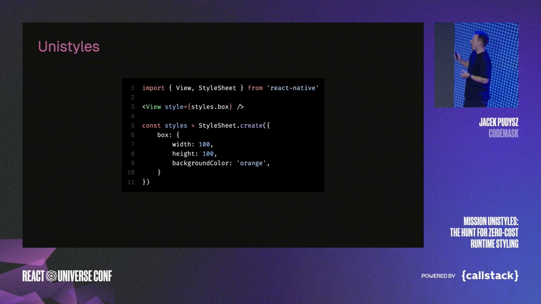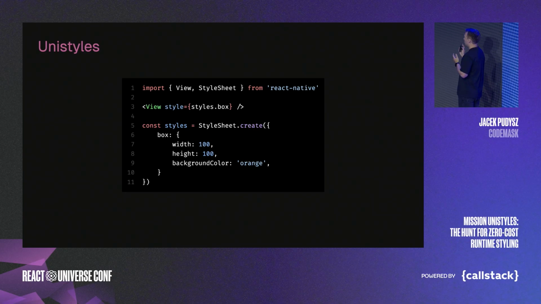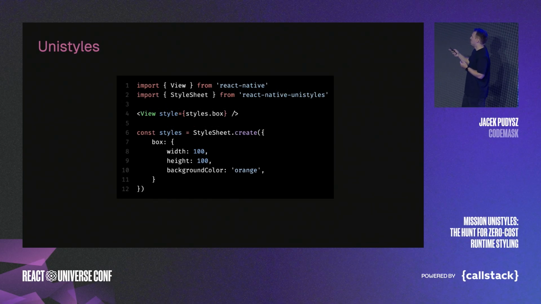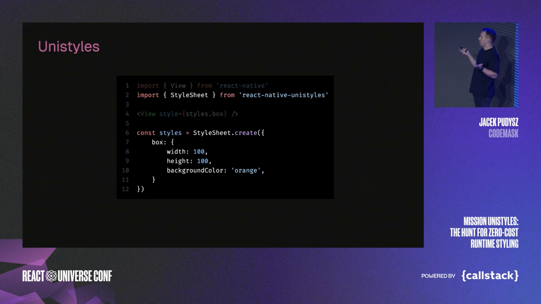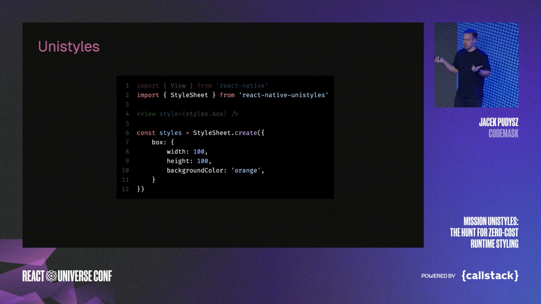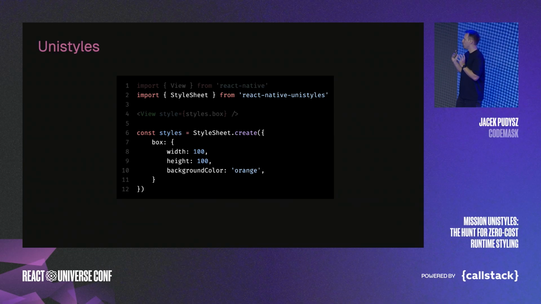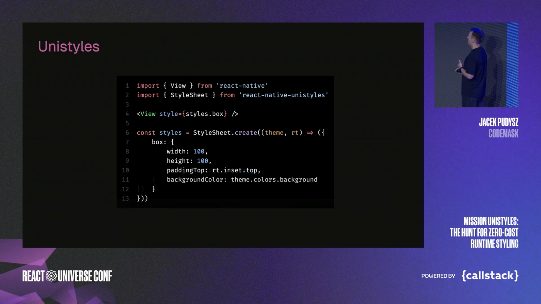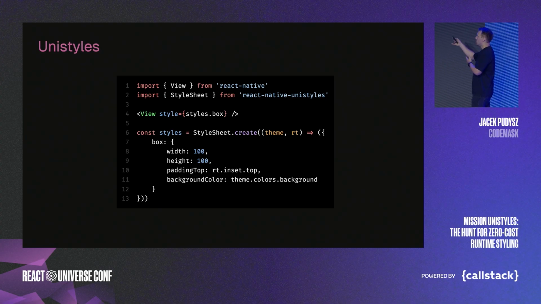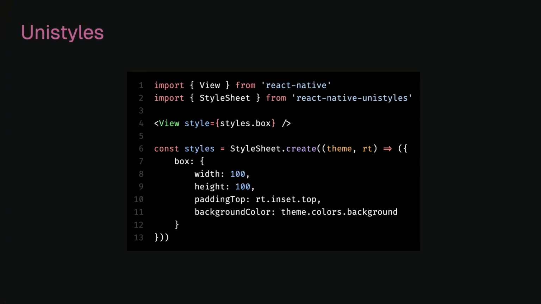If we go back to the initial example with the React Native style sheet, to convert it to Unistyles, you just need to change the import, and that's it. Like I said, React Native Unistyles is a superset of React Native style sheet. So this style sheet will work the same. But if you use Unistyles, you have access to 2 extra props, so you can convert your style sheet to function. The first prop is theme.